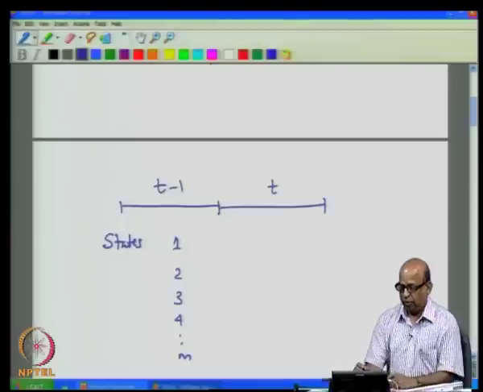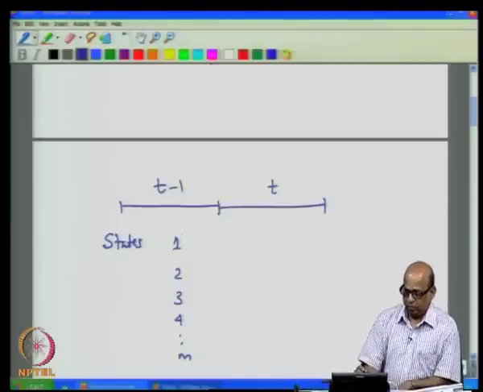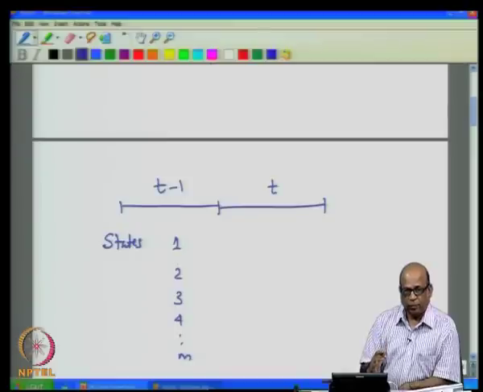Like I said, if we are looking at dry day and wet day in terms of whether it is a non-rainy day or a rainy day, then we will have two states.